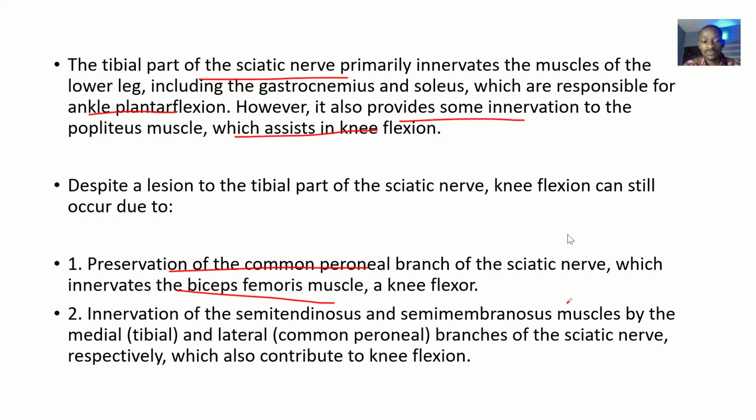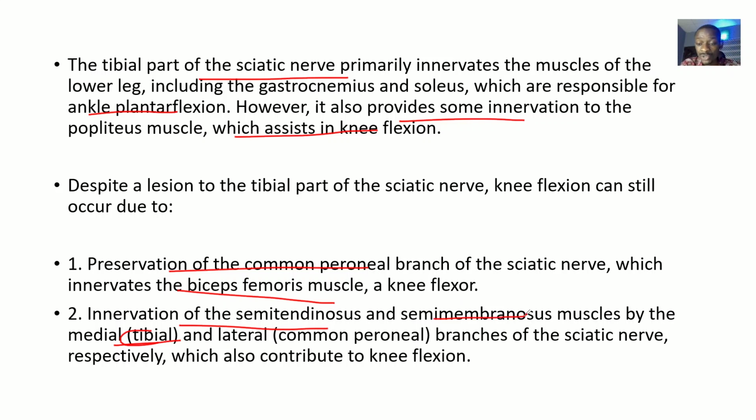Okay. Then also innervation of the semitendinosus and semimembranosus muscles by the medial, that's the tibial, and the lateral, that's the common peroneal. So if semitendinosus is supplied by the tibial branch, that means semitendinosus is out. Semitendinosus and the popliteus are both supplied by the tibial branch, so they are out.